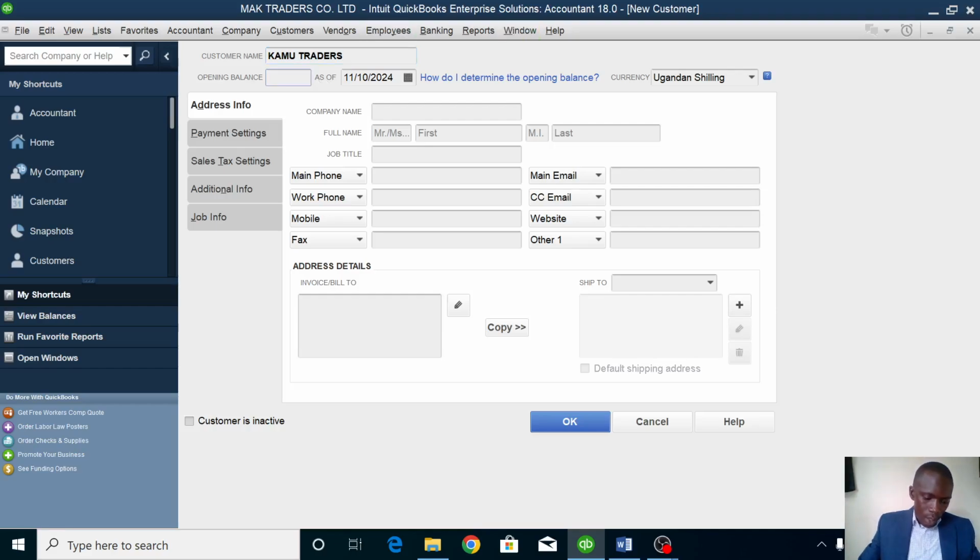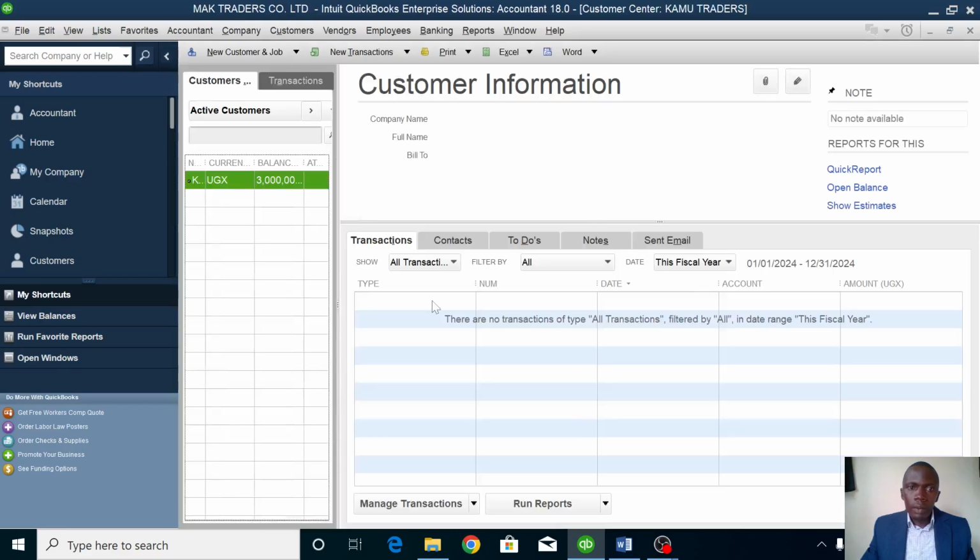The opening balance is 3 million. Then our date is 1st of January 2023. So we are going to copy this and paste.